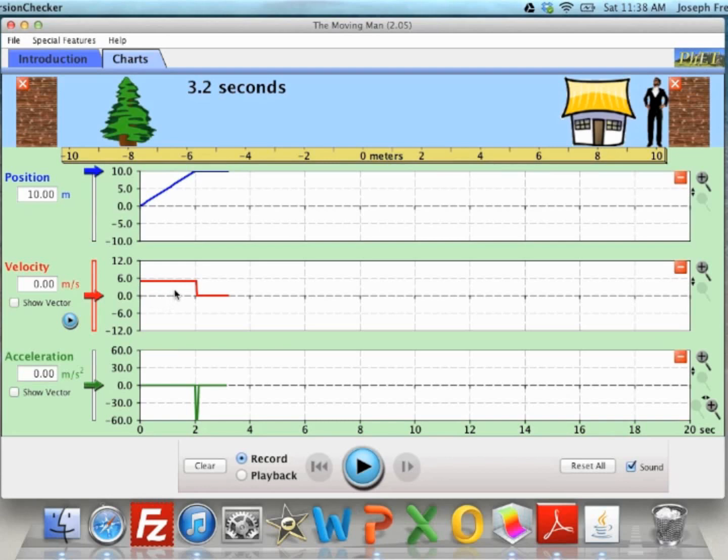The area under the velocity time graph represents the distance covered. And sure enough, we can see here in the position graph that we're dealing with a distance of 10 meters. And you can see it graphically here where I'm hovering with the mouse arrow. You can see that that is 10 meters, which was reached at 2 seconds. And 10 meters is the same as the area under the red line.